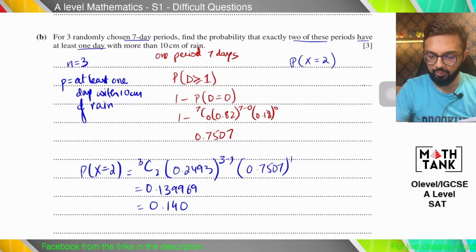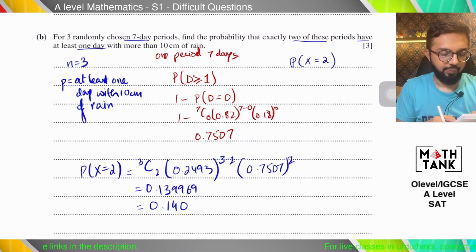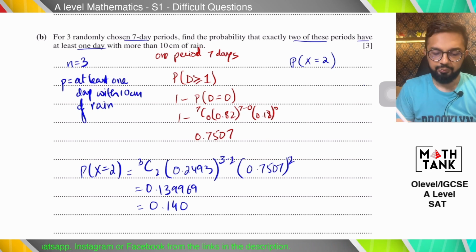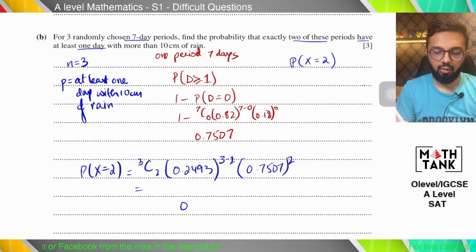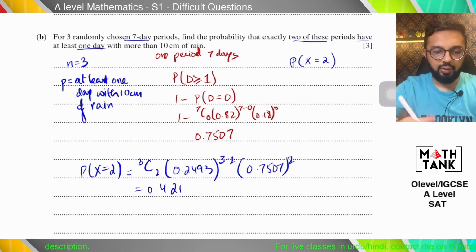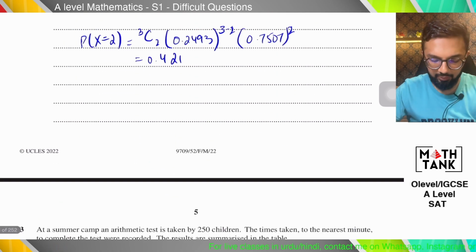Oh, this is 2. I messed up the numbers. The answer is 0.421. So that's the first set of difficult questions.